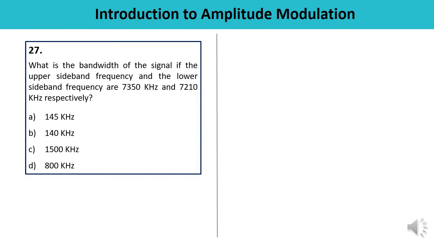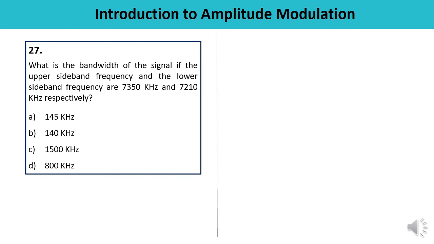Next question, question number 27. What is the bandwidth of the signal if the upper sideband frequency and lower sideband frequency are 7350 and 7210 kHz respectively? So calculate the bandwidth.